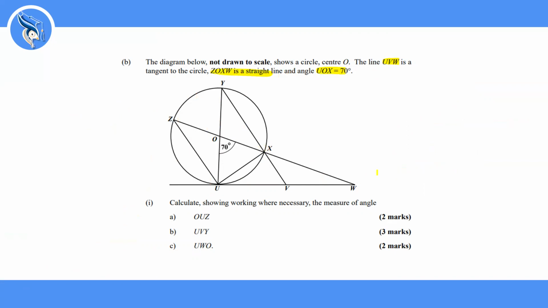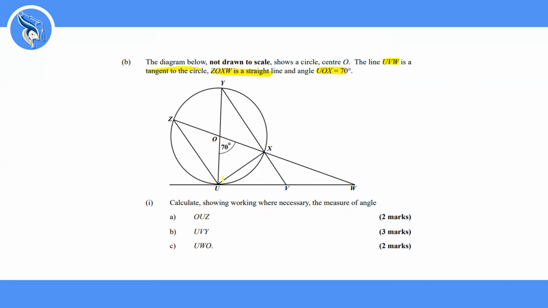So that's what they've given you in the brief. So calculate, showing working where necessary, the measure of the angle OUZ.